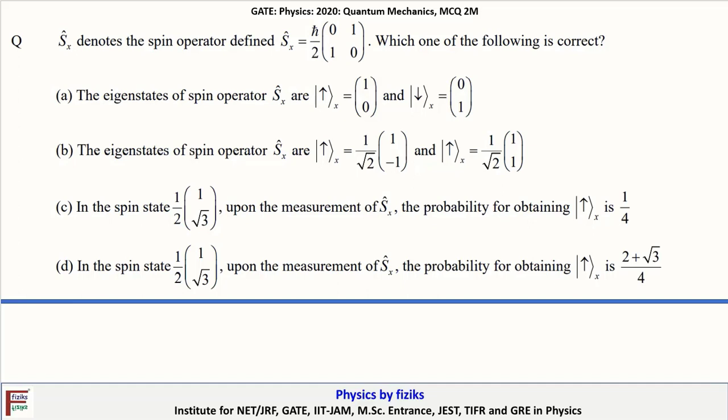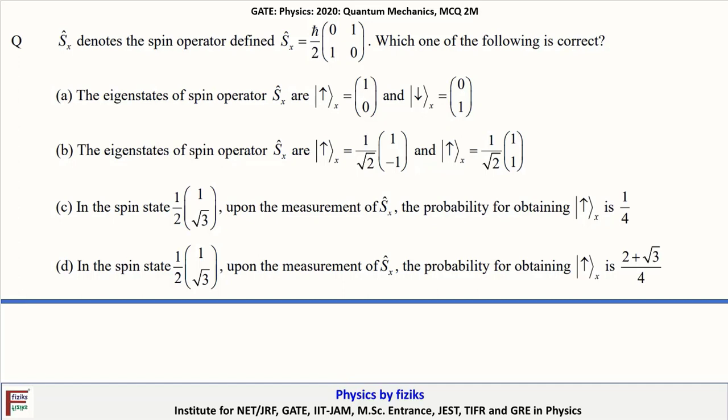In the second option, the question is saying the eigenvectors of Sx are 1 by root 2 (minus 1, 1) and 1 by root 2 (1, 1) for both states. In the third statement, an arbitrary spin state psi is given. Now the question is saying upon measurement of Sx, the probability of finding the particle in state up is 1 by 4, or similarly for the same question the probability would be 2 plus root 3 by 4.